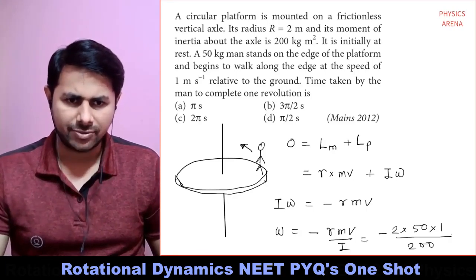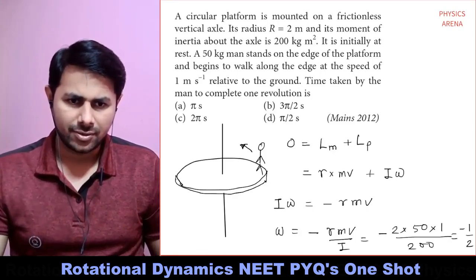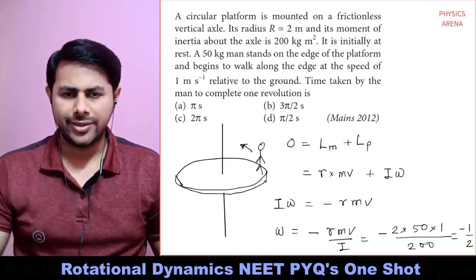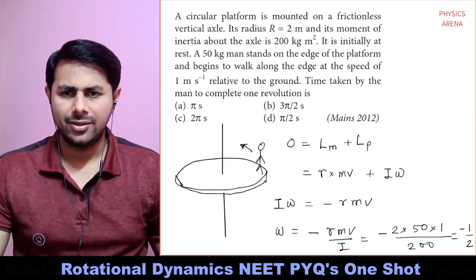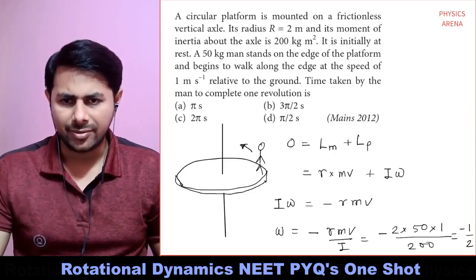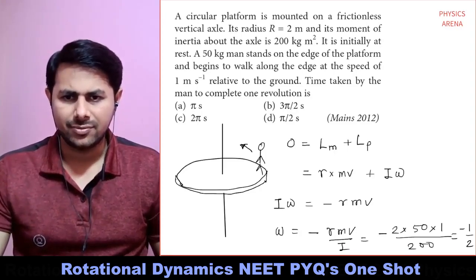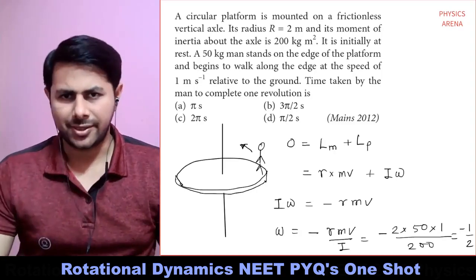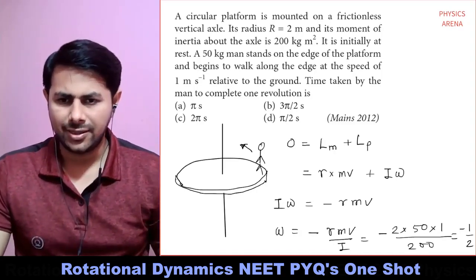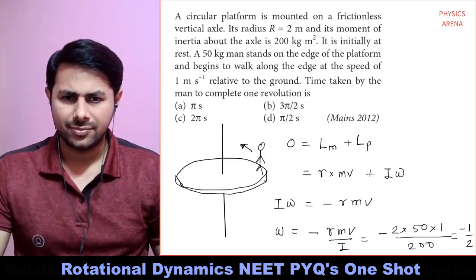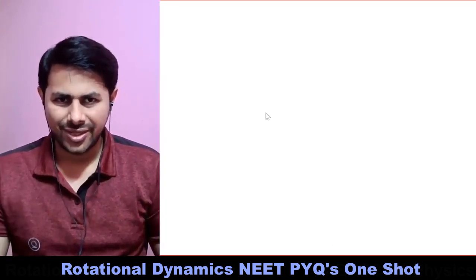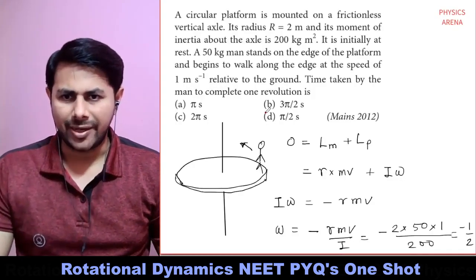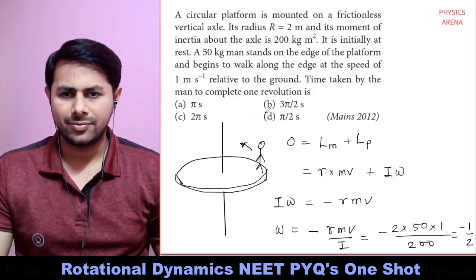So this is minus 1 by 2 radians per second squared. What will this minus 1 by 2 mean? It means that when man moves in this direction, the disk will move in the opposite direction, right? Yes, no? All right.